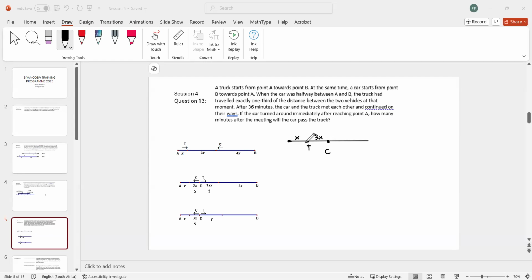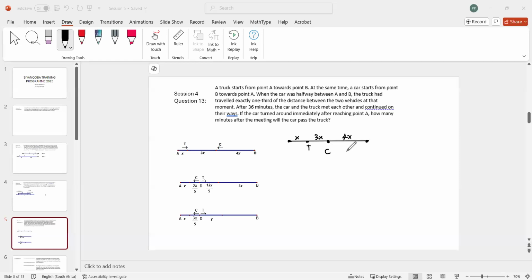That means when the truck travels x, this distance here is 3 times that one. But these two together give you 4x, and this thing is halfway. So this part from the start to where it is here is 4x, and that's what I got here. You got 4x and 3x, and there is x there.